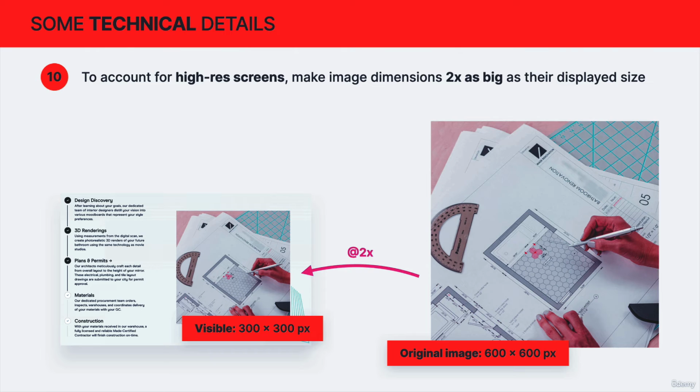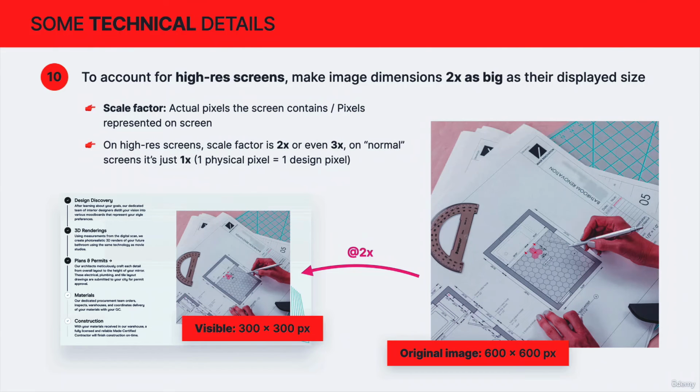And we call this 2x, or 2 times a scale factor. So a scale factor is simply the actual pixels the screen contains divided by the pixels represented on the screen for any element. On high-resolution screens, this scale factor is 2x or sometimes even 3x, like on the very latest iPhones.